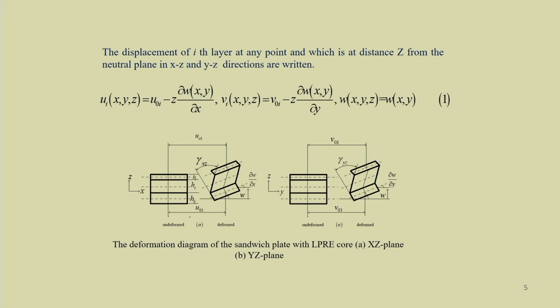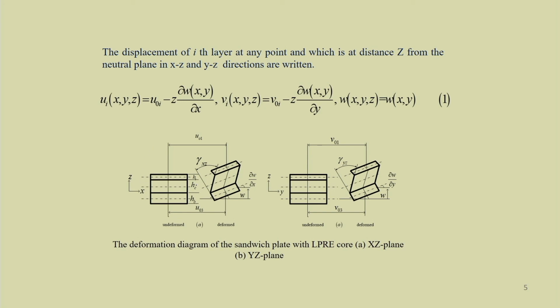Here this is u 0 and this is v 0, so u in the axial direction and v in the other direction. Here u i you can replace by u 0 i, that is in the neutral axis, minus z, how far it is from the neutral axis, this is the z direction.